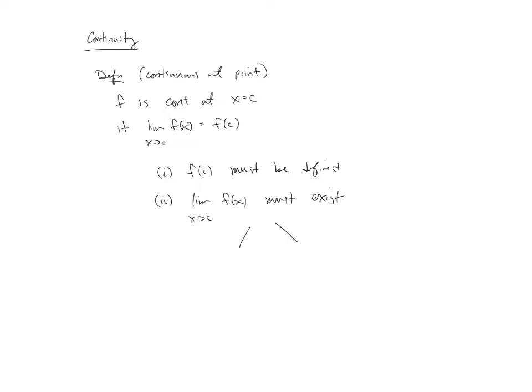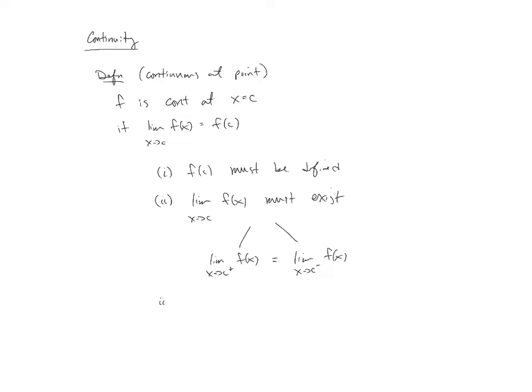If we take it a step further, why might a limit not exist? Well, it might not exist because the left-hand limit doesn't equal the right-hand limit. So I'll say the limit as x approaches c from the right and the limit as x approaches c from the left must exist and be equal. So part two has an additional component as well.